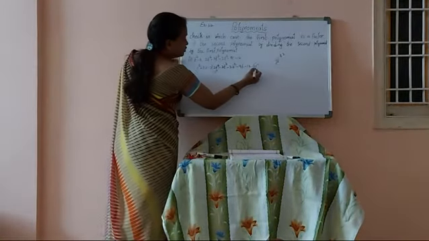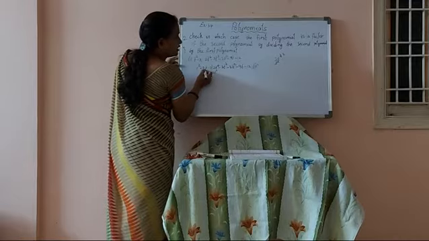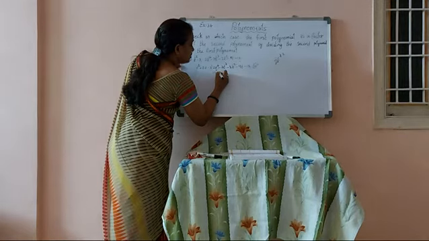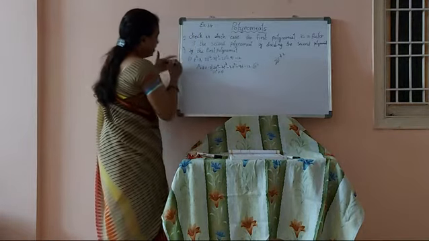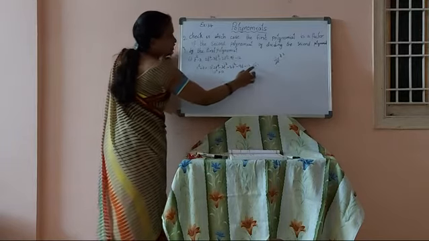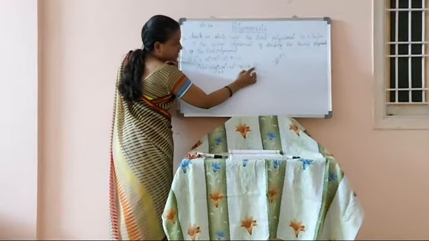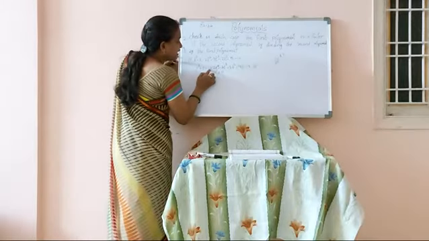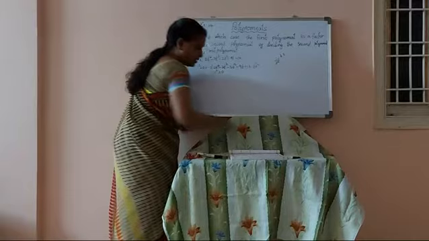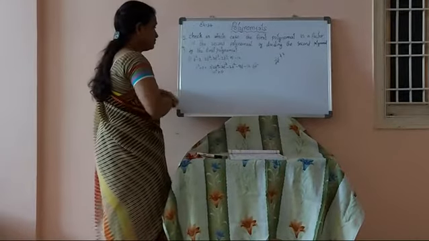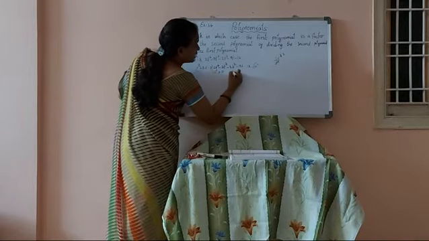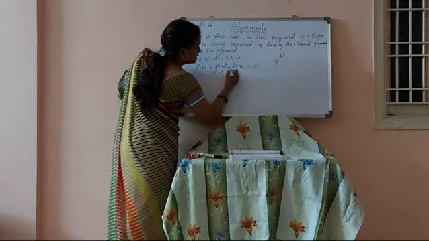Again 2t square into 0t. If you multiply with 0, you will always get 0 only, plus 0. Next, you multiply 2t square with minus 3. First multiply the numerical coefficients: 2 threes are 6, so 6t square.